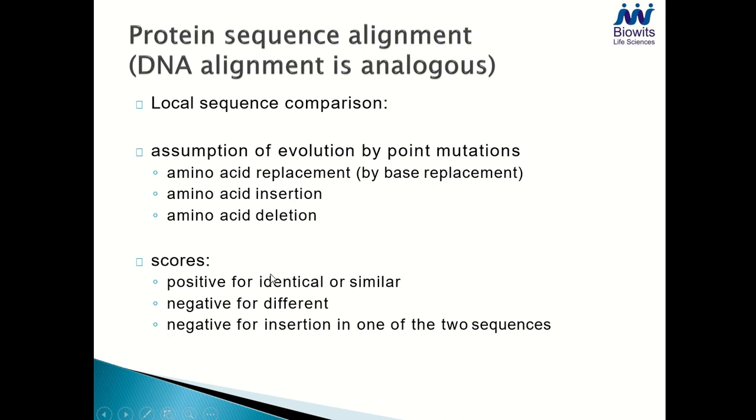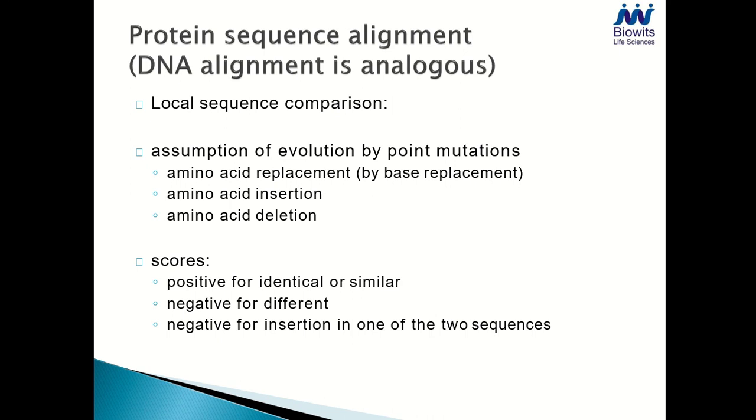Okay? So, the scores can be positive for identical or similar. Pag may positive na po, ibig sabihin identical or pareho. Pag lumitaw po sa result, negative, it means to say that there is distinction or difference. Or if that is negative for insertion in one of the two sequences.